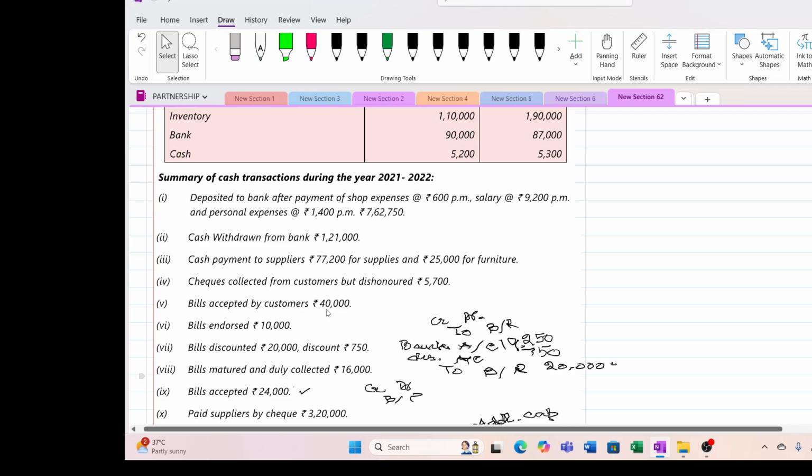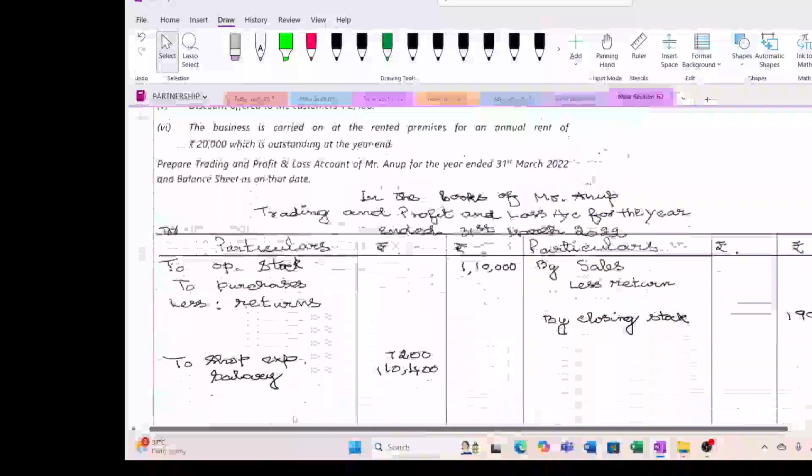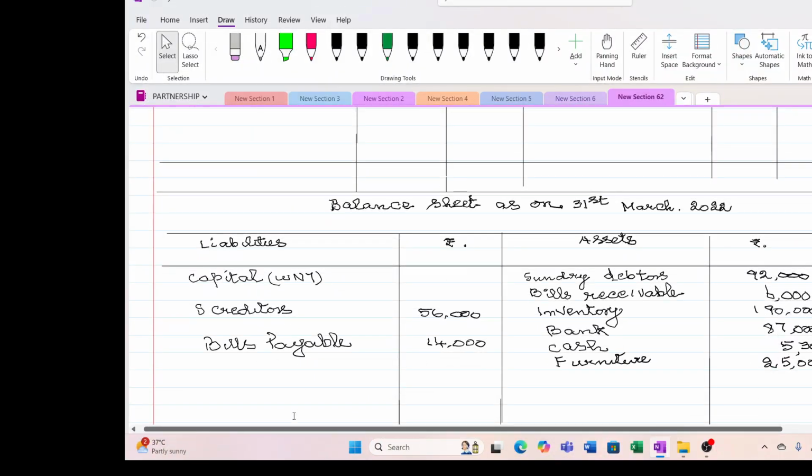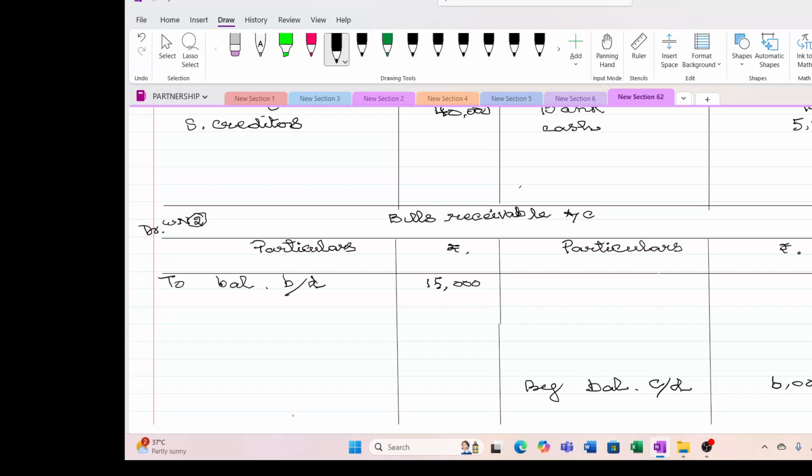Bills accepted by customers. What is the journal entry? It will be bills receivable account debit to debtor. So we have to enter it in the bills receivable account. Bills received, so we have to debit the bills receivable, but you have to write here to debtors account.